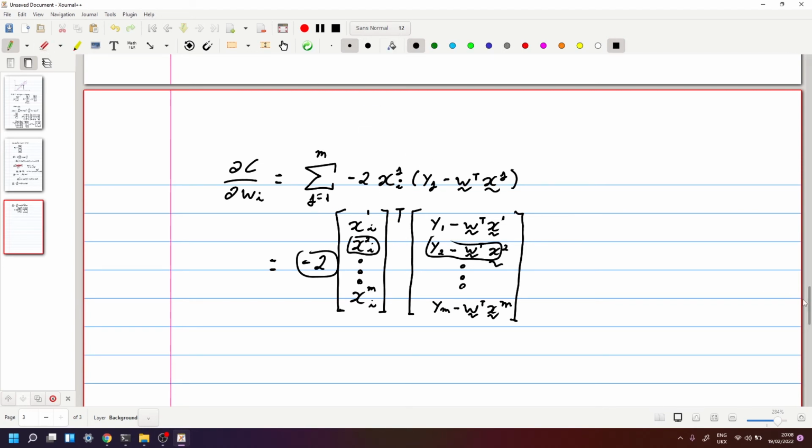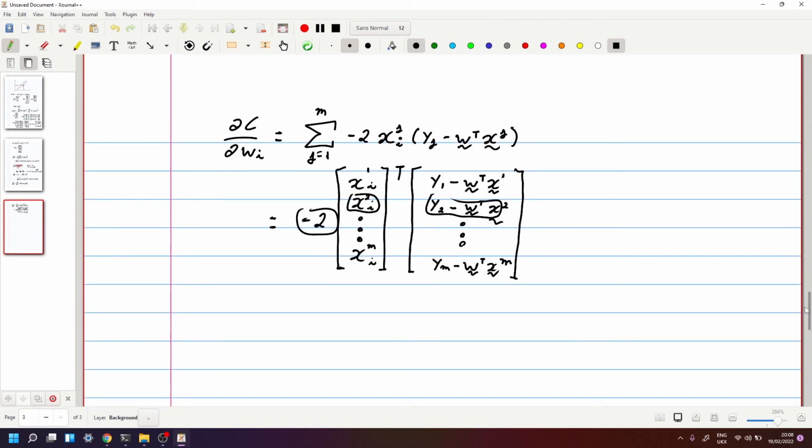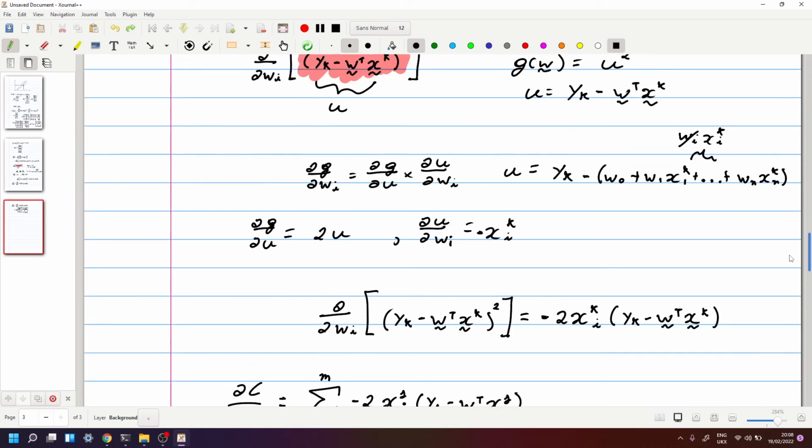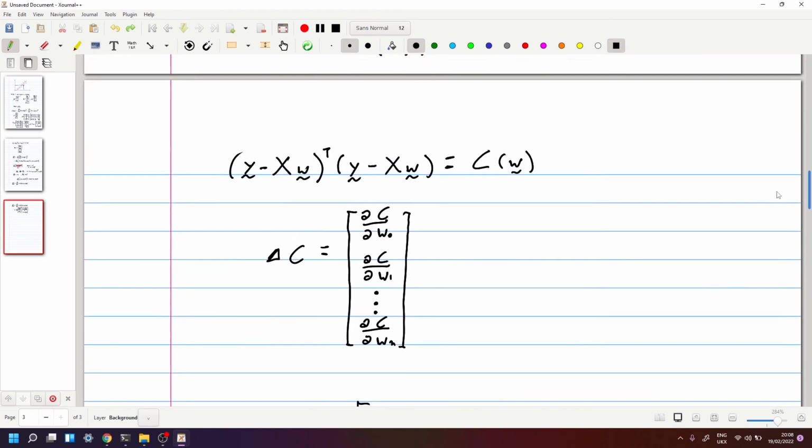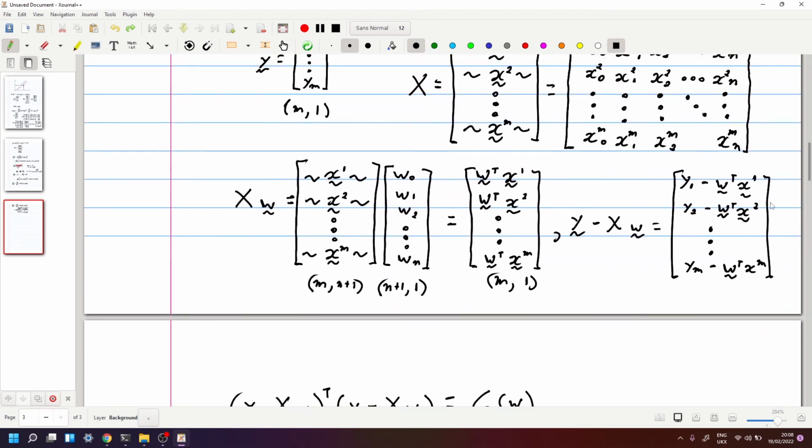Okay, but let's just note one thing here. Remember when I said that turning the cost function and the formulas that we had previously into a vector form would help us. What is this here? Do we recognize this? Well, if I take you up to just about here, this is what we have there.